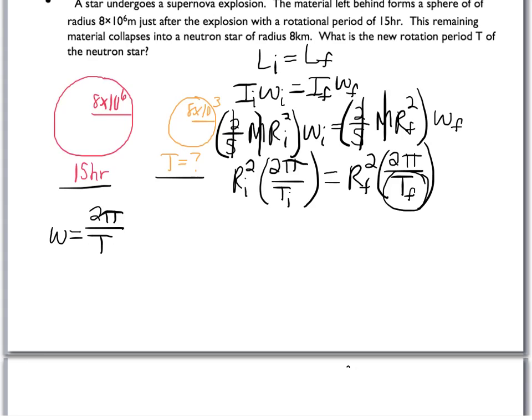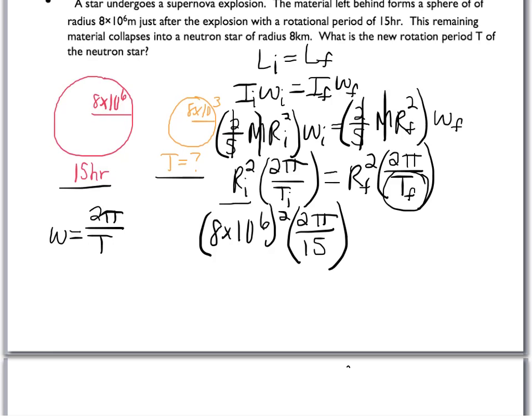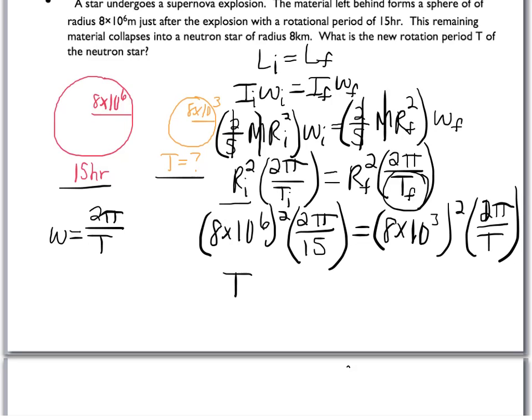When you plug in the values for the initial radius of 8 times 10 to the 6th, squaring that, and putting it over the 15 hours, and then the final radius of 8 times 10 to the 3rd, squaring that, and putting that over this new period, you end up finding that the new rotational period of the neutron star actually takes only 1.5 times 10 to the negative 5th hours to complete one full rotation of the star.